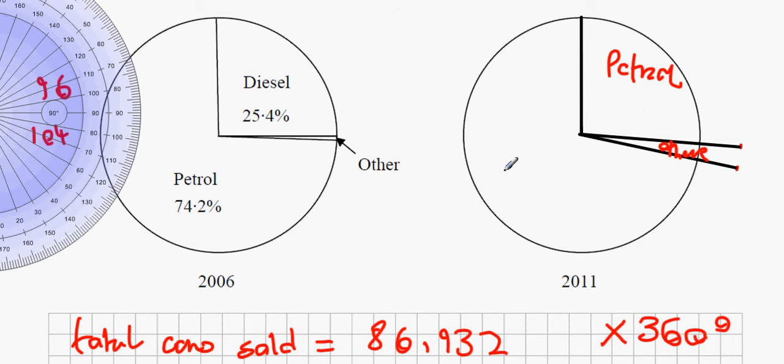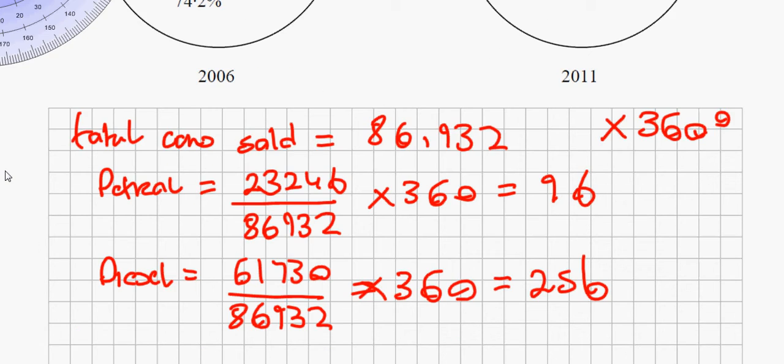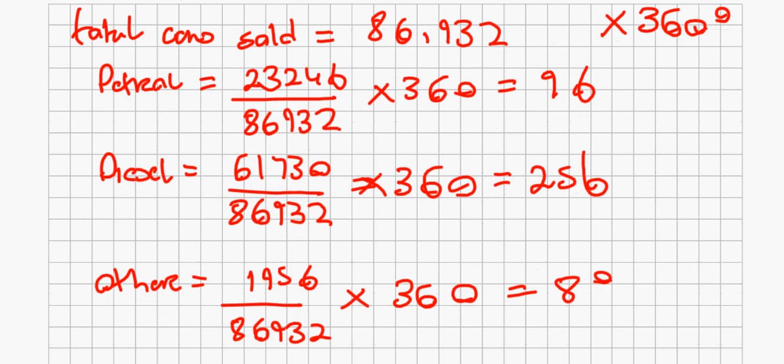Okay, now what it also wants is percentages. So I have to put in percentages of what's going on. So to get percentages, instead of multiplying by 360, what I can do is I can multiply by 100 over 1. So don't multiply by 360, multiply by 100 over 1.